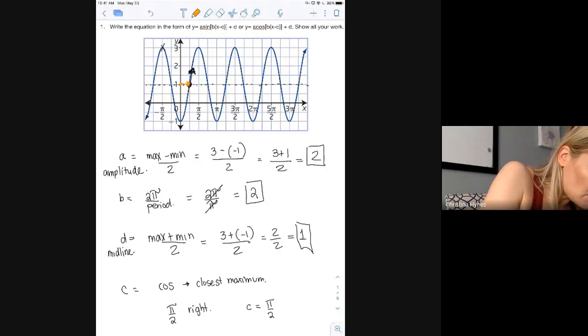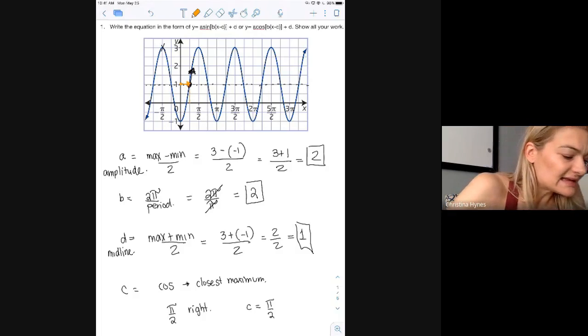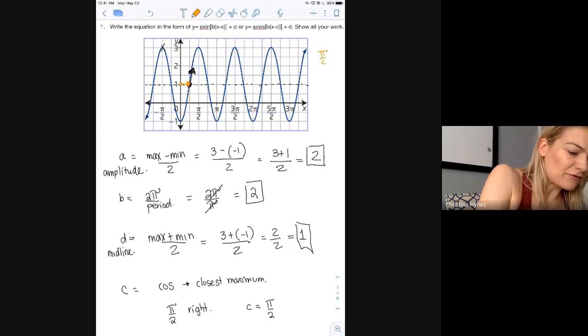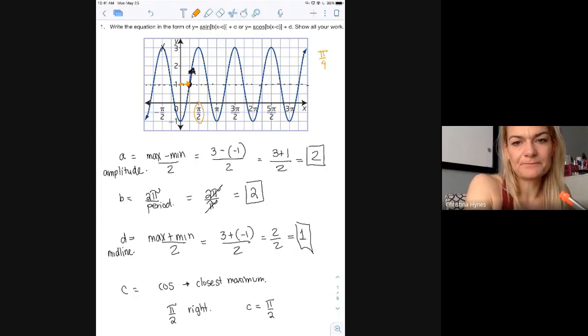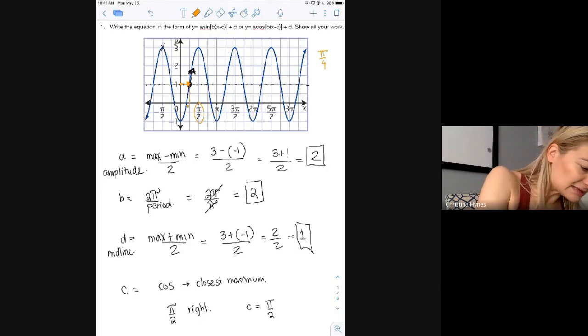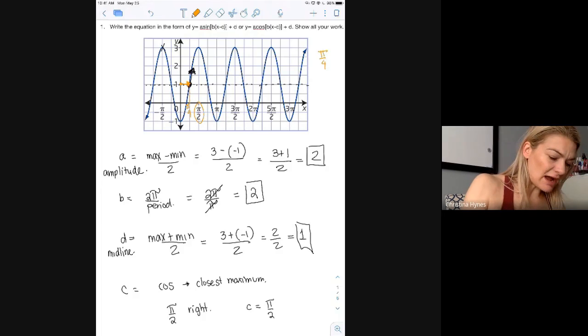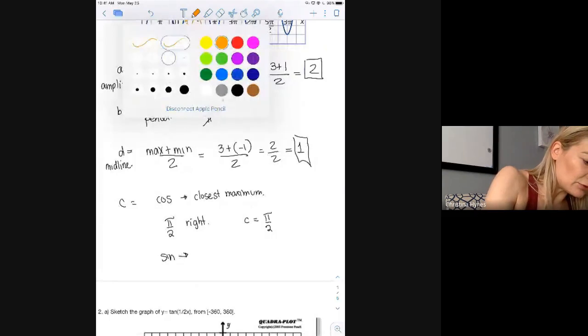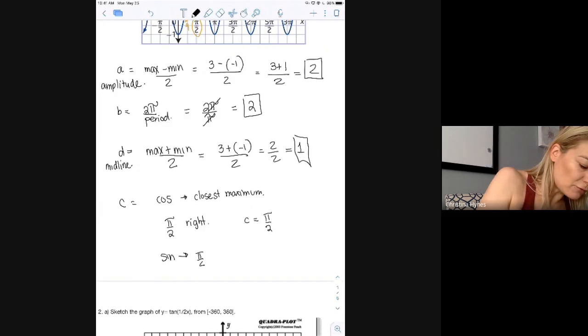And if you look, what is 1 block equal to? Well, 1 block is equal to pi over 4 because it's the same as taking this value and dividing it by 2. So 1 block is pi over 4. So I know that for sine, we actually moved pi over 4 units to the right.